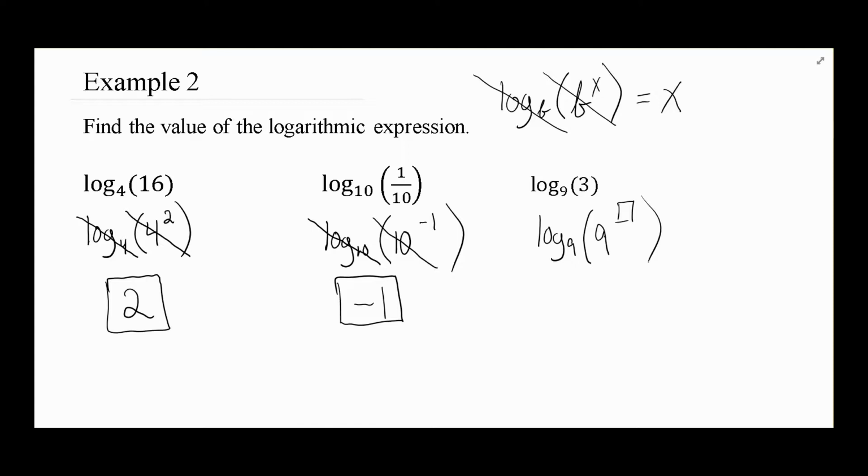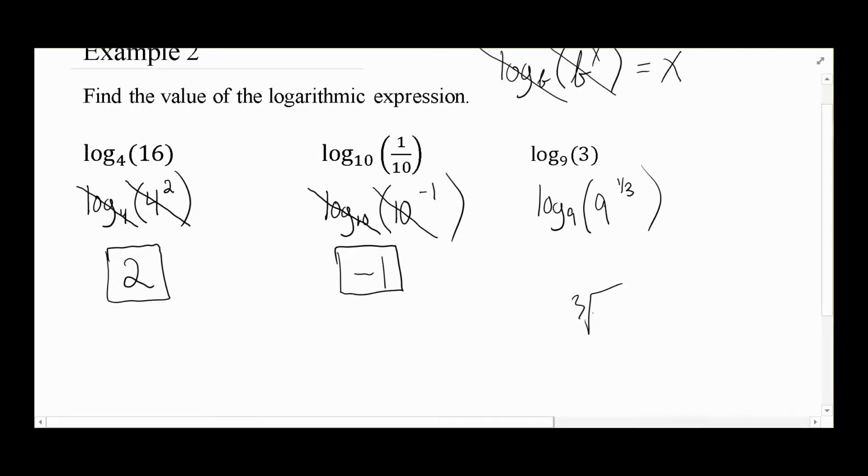Now one of the errors that I see people make, so don't write this down, I'm about to show you an error, is to say 3 is 1/3 of 9. So they put a 1/3 there. But remember that 1/3 means the cube root. The cube root of 9 doesn't get us 3.